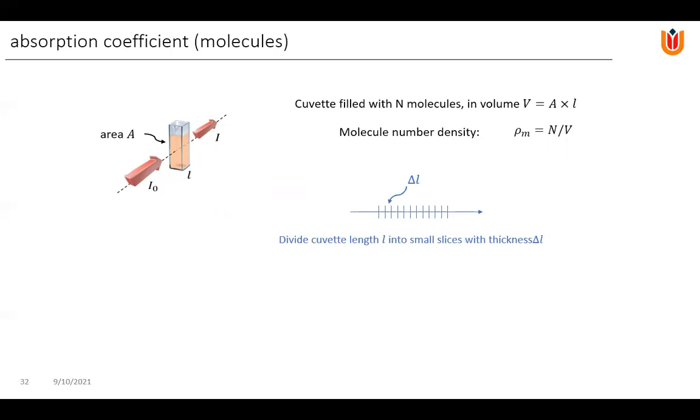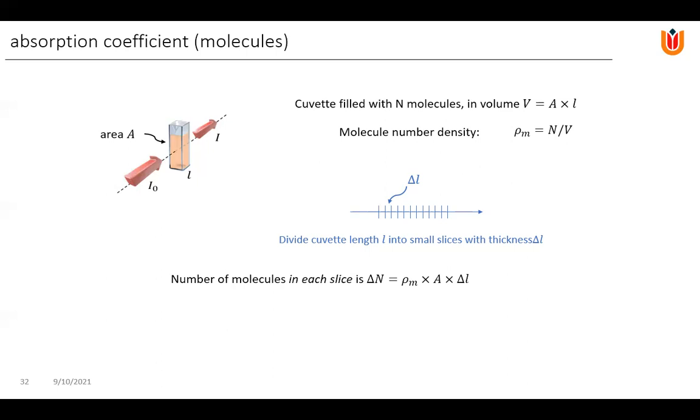The rest is not interacting, so that just continues. So what we can do in describing this is just divide this cuvette of length L, along the path of the light, into small slices with thickness delta L.